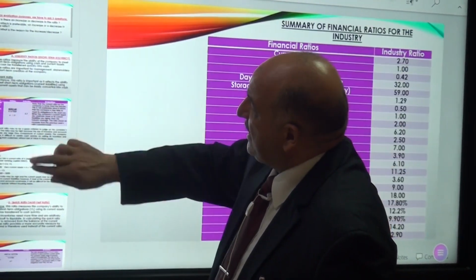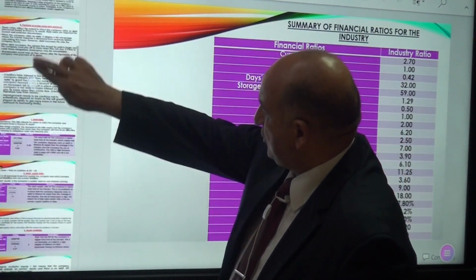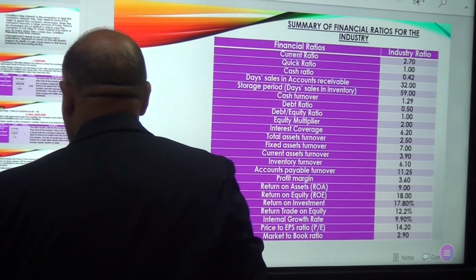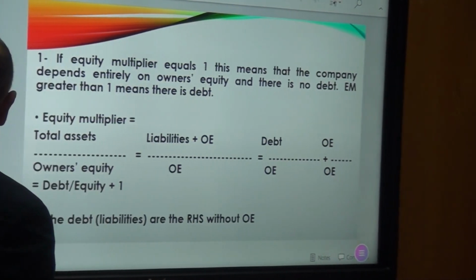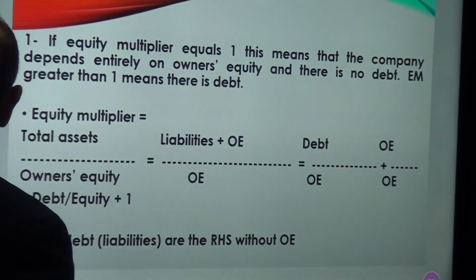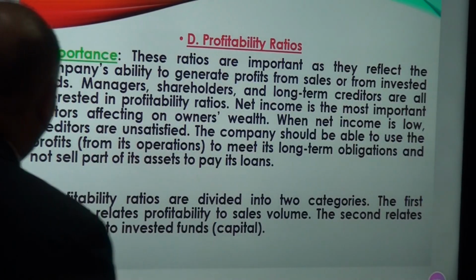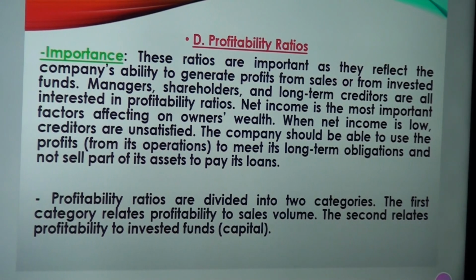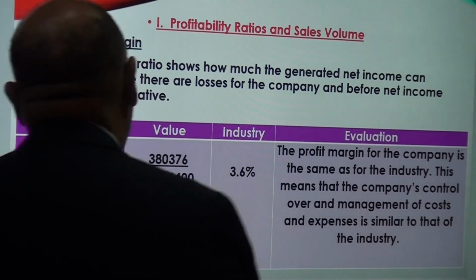We have about 8 ratios, all related to calculating profitability. This is the profitability ratio, and the first one we call profit margin.